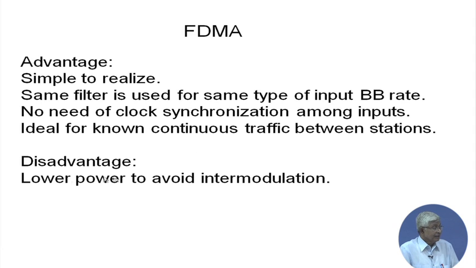Another problem is the lower power needed to avoid intermodulation. Okay, intermodulation we will discuss in detail, but there is nonlinearity in the satellite. We have talked about it. Transponders are nonlinear. So in the nonlinear mode of operation, if your operating point is at or near saturation, then there will be interference or intermodulation generated, which is spurious.